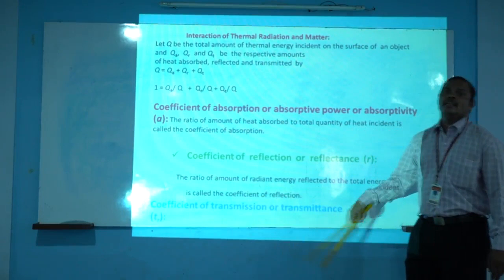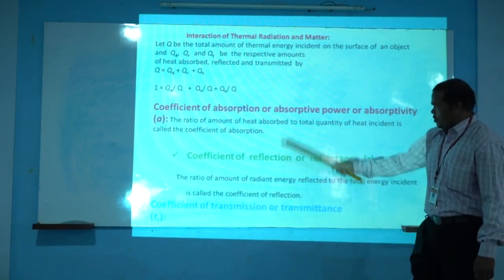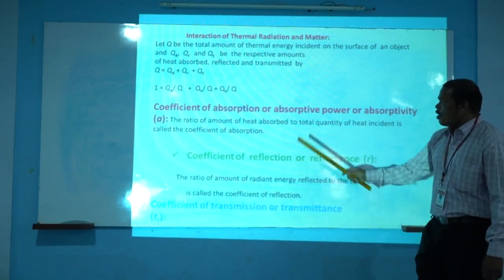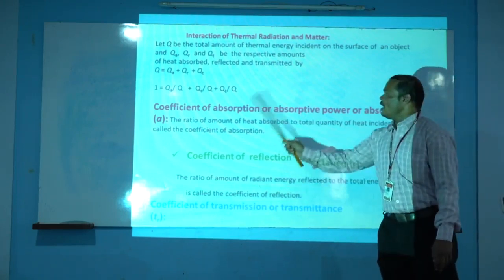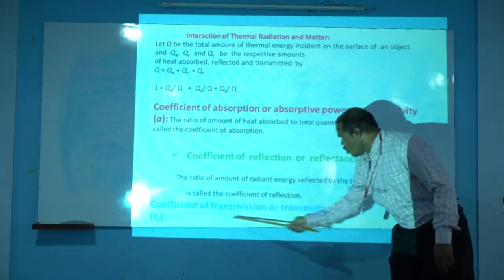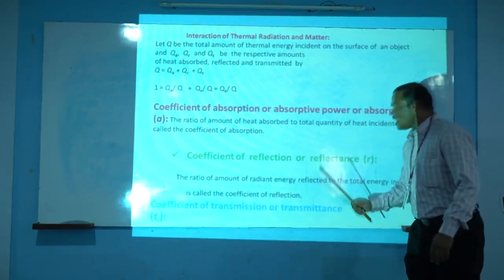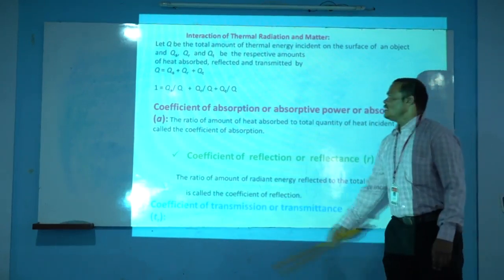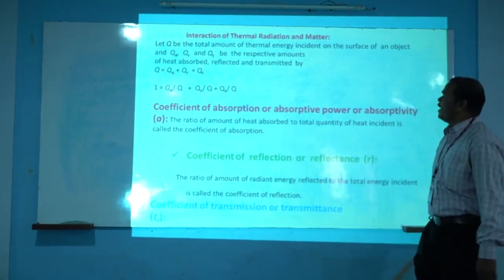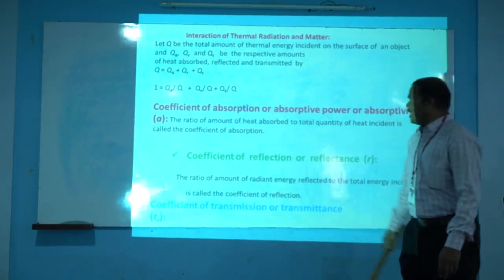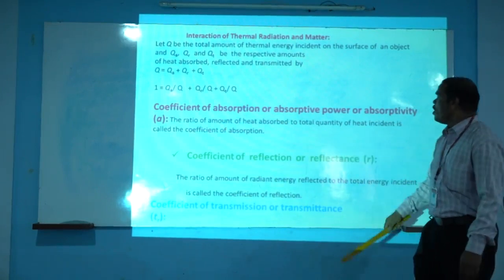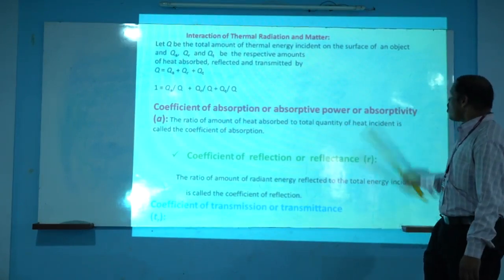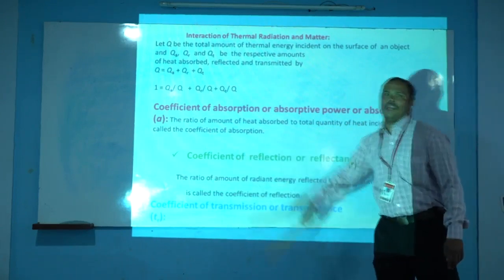Similarly, by changing the word absorbed or reflected to transmitted, we define the coefficient of transmission, or transmittance, that is the ratio of the amount of heat transmitted to the total quantity of heat incident on it.